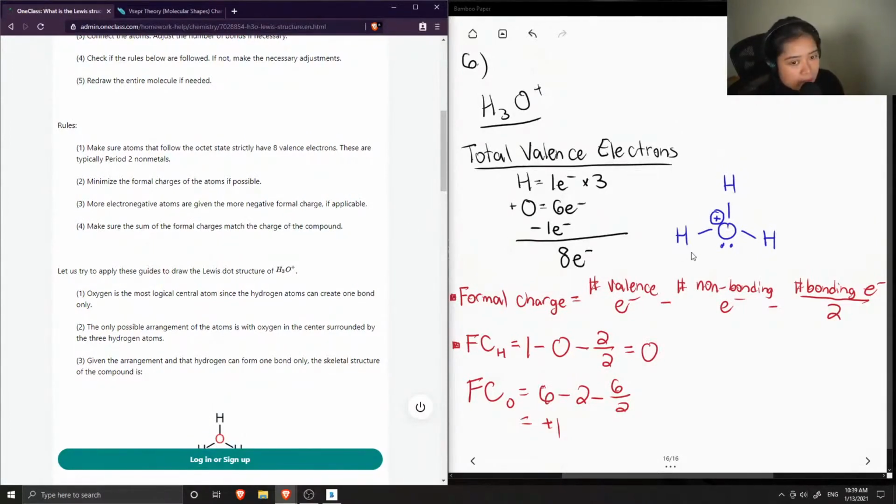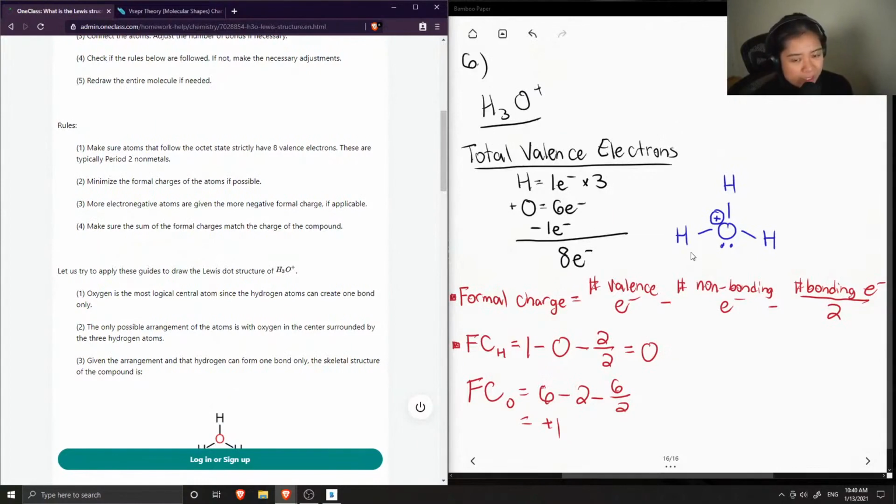So for our question, oxygen is more electronegative than hydrogen. So usually it wouldn't be given this positive charge, but in the case of hydrogen, since there's only one valence electron, it can't just lose it since it's participating in the bonding.